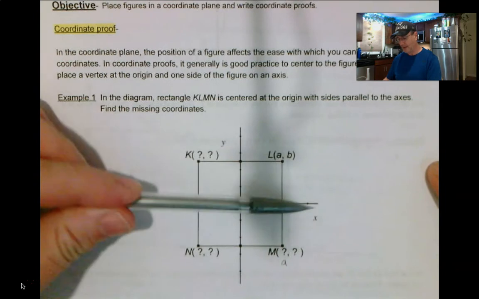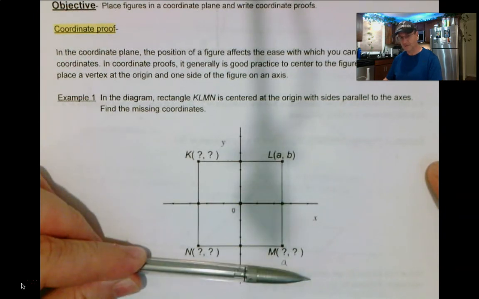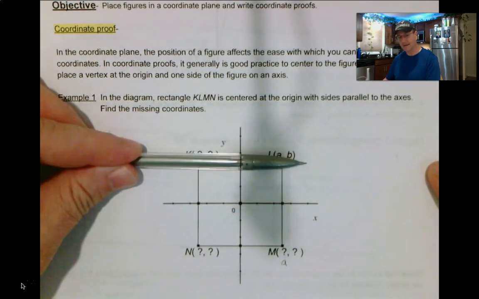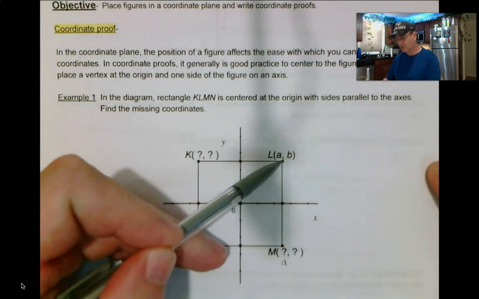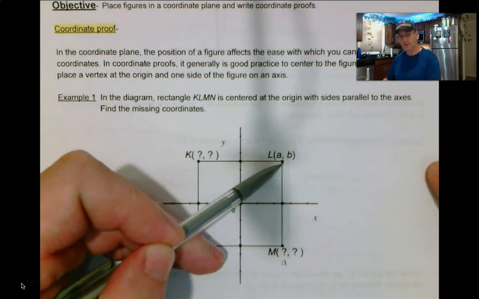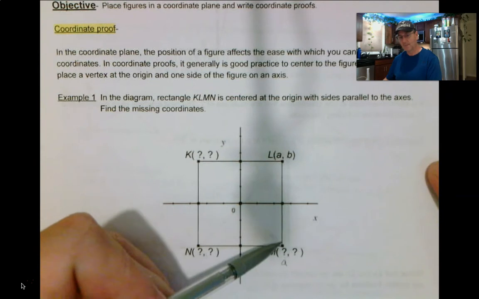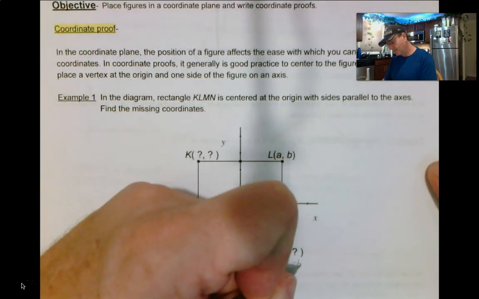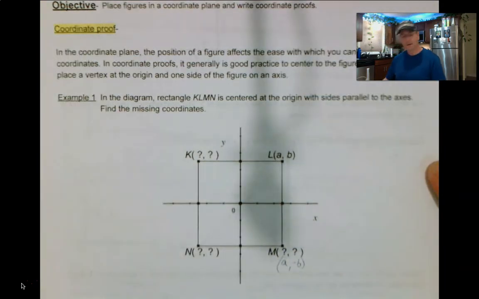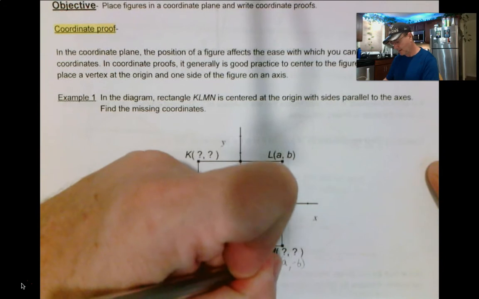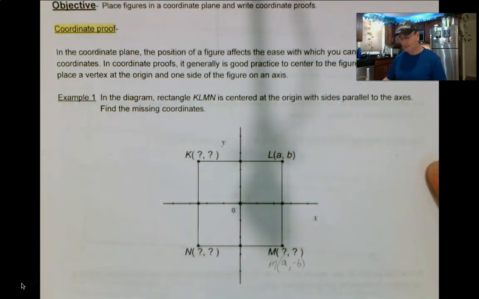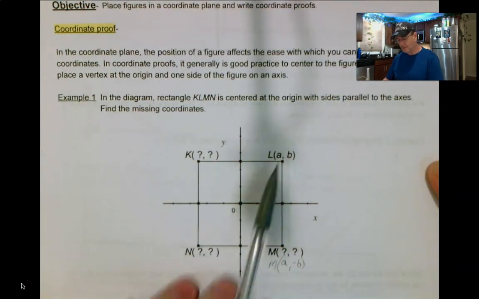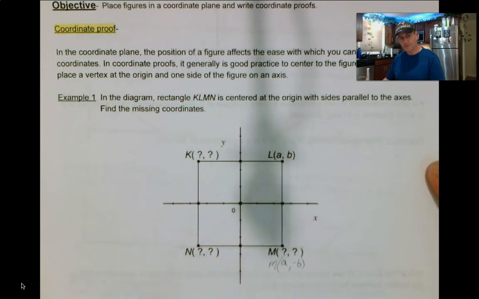Now, M has to be the same distance below the x-axis as L is above the x-axis. So if L is B units above the x-axis, then M is B units below the x-axis, making it negative B. So there's our coordinates for point M. So yes, these are variables, but they're variables with restrictions.